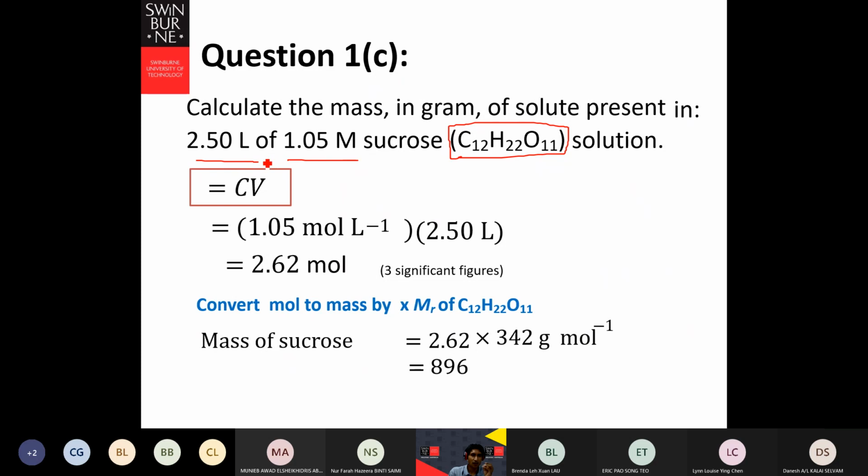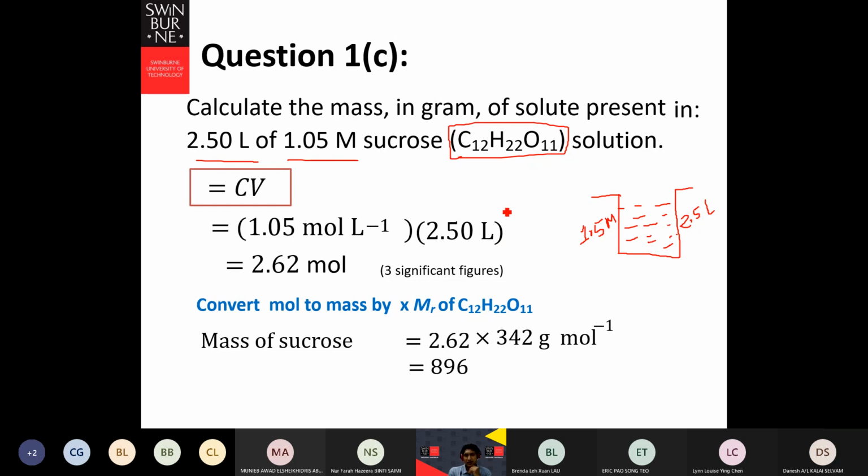Let's say we prepare 2.5 liter in a jug or in a beaker, and we know the concentration of sucrose here, it is 1.5 molar. Right. So this is how many actually.